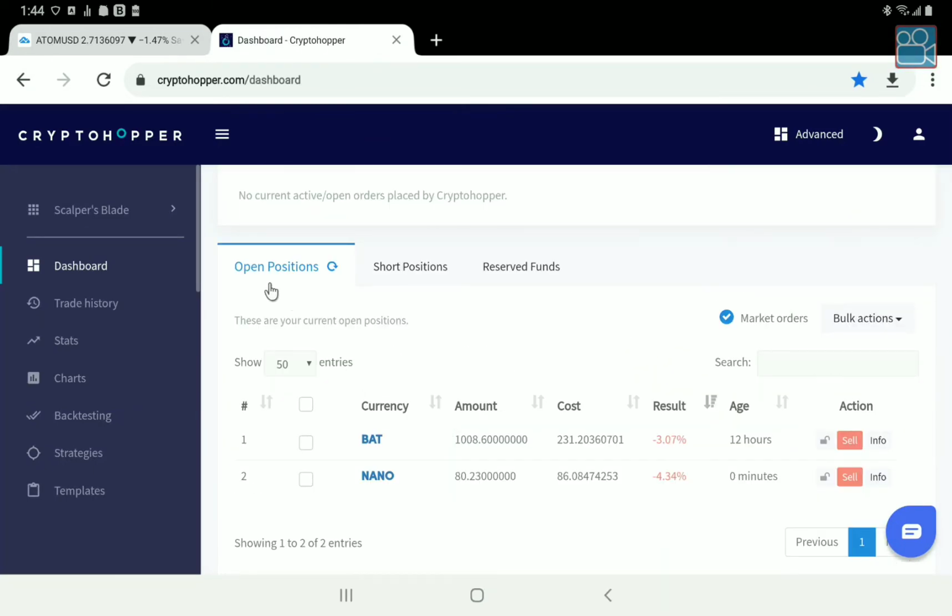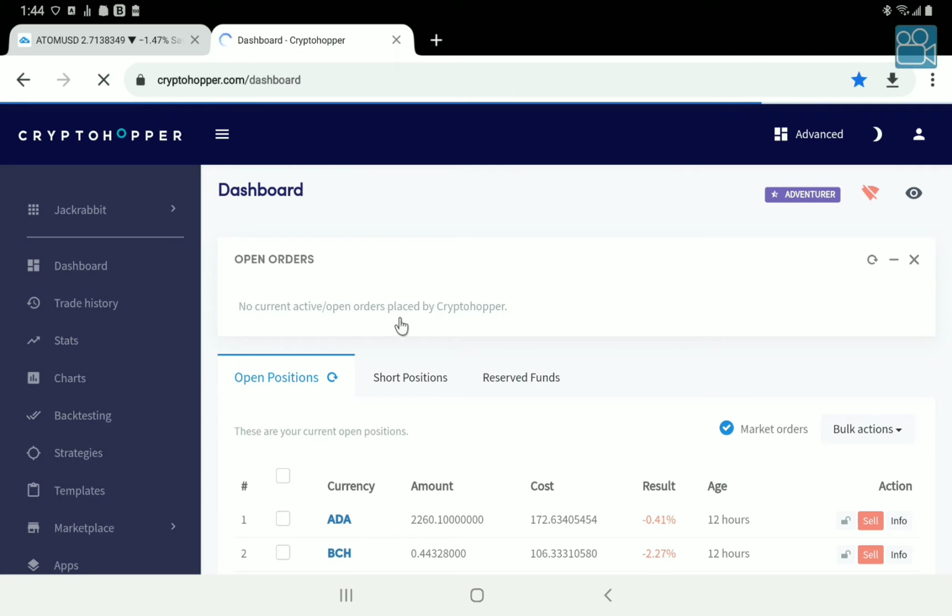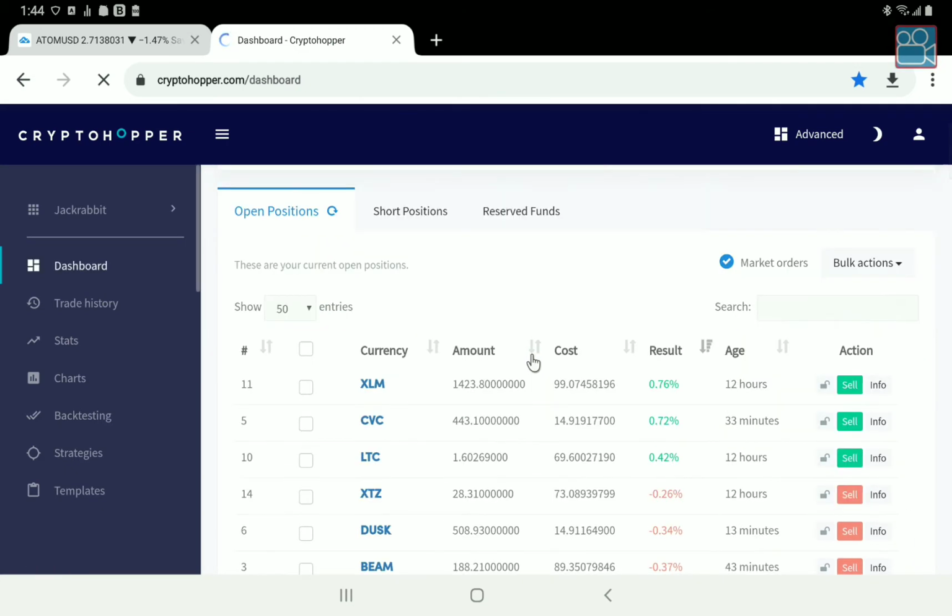Now let's go to my test bot. Paper money only, but the results here are just as important. And in both cases, I am using the auto merge. XLM is finally up there above water. And CVC, of course, has been a real performer.